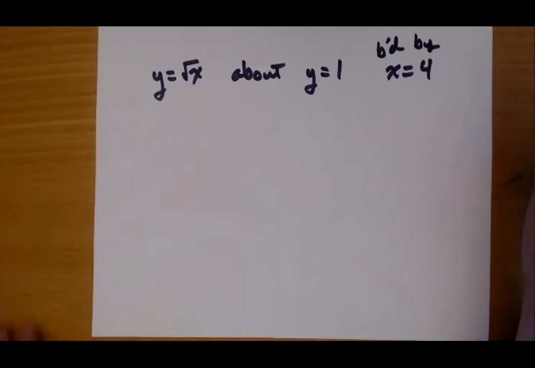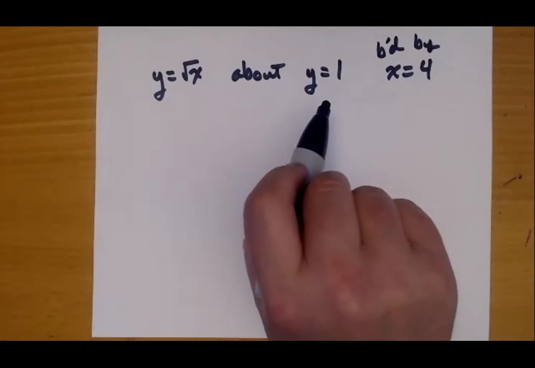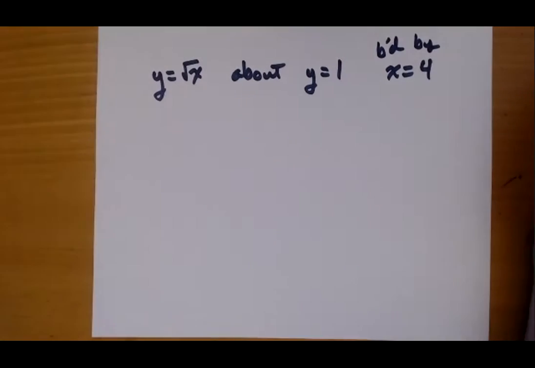What I want you to do is imagine what that image looks like. Draw a crappy picture. Draw this guy, draw that guy, and then create the integral where this guy's revolving about the line y equals 1.